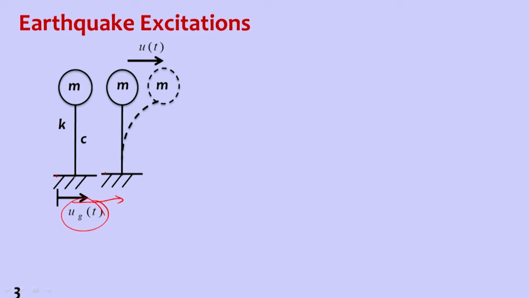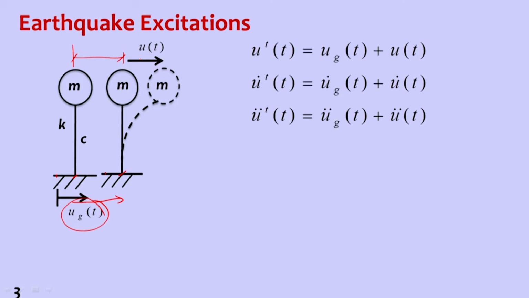And when the base of the structure stops here, the mass is not stopping there, it is going further. That is U, the displacement of the mass. So the total displacement measured from this part is UG plus U, that is, UG of t plus U of t.